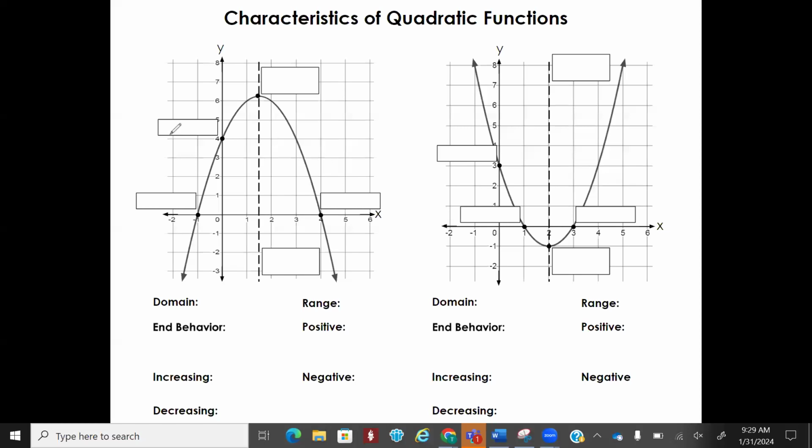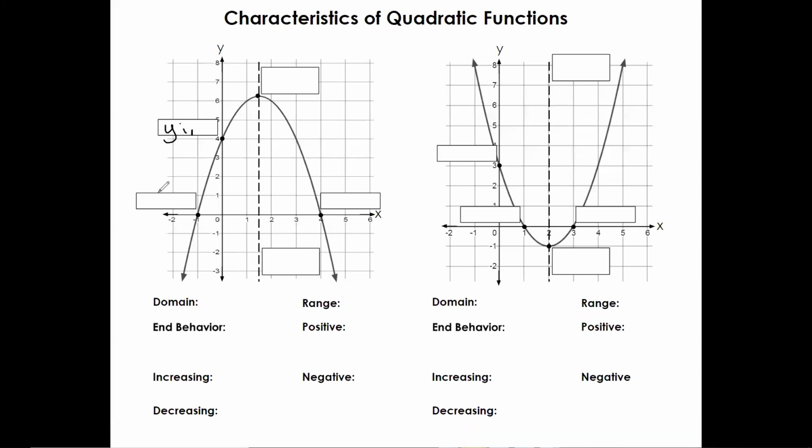So right here, we've got the y-intercept. These are x-intercepts. This is the axis of symmetry. This is the maximum. And I want you to write these down, and then we're going to talk about them in just a second, because I know it's a lot of information.